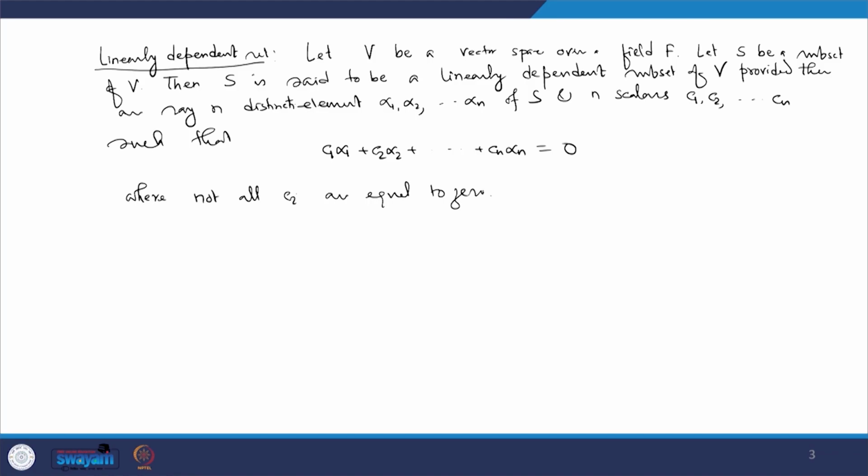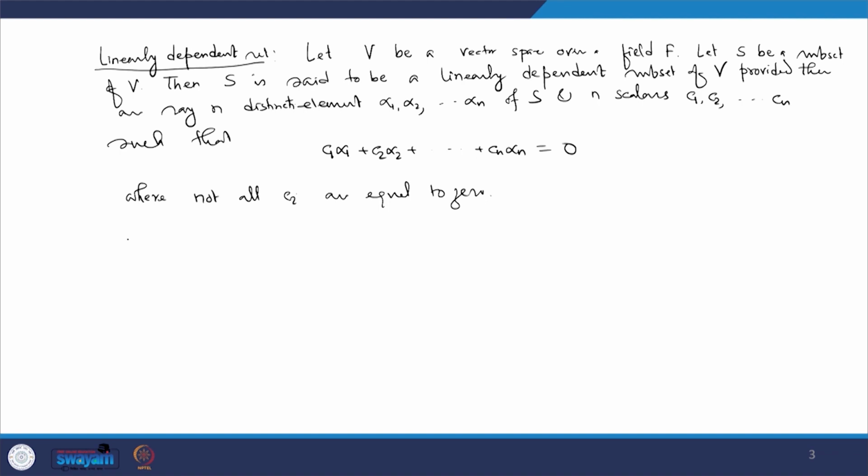I mean to say there are some Ci which are non-zero, but this relation holds good. Then I will say that the set S, which is a subset of the vector space V, is a linearly dependent set of V.